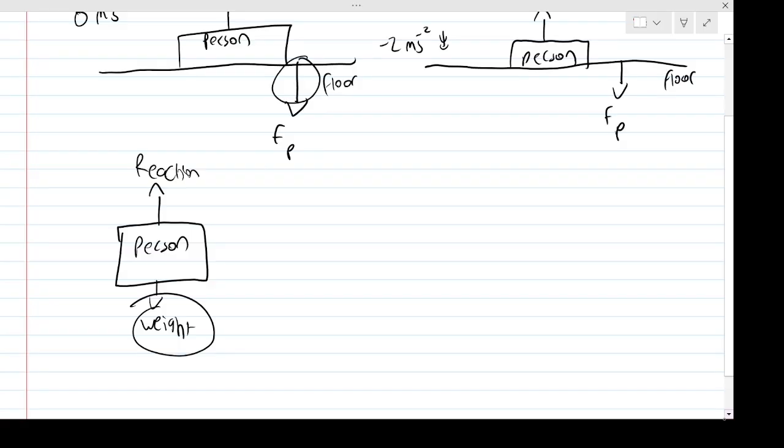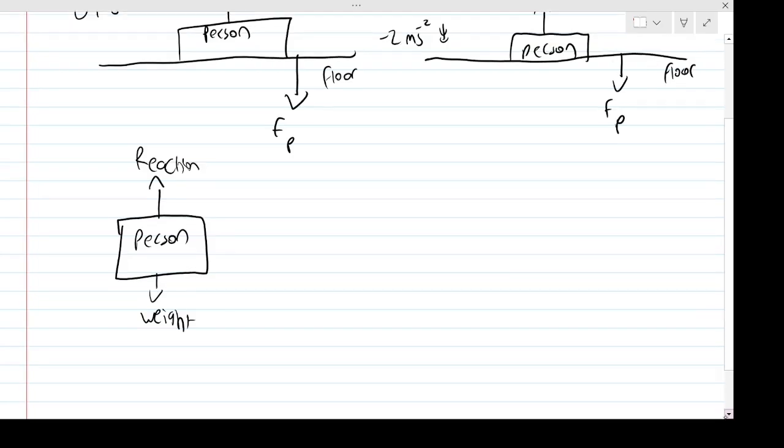So it's not right to say FP will be acting on the person because it's acting on the floor. The force is created by the person and put onto the floor because they're in contact, okay? The weight of the person acts on the person, and the weight is independent of pretty much anything the person's doing because the weight is actually fixed.